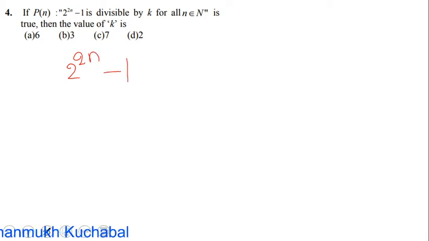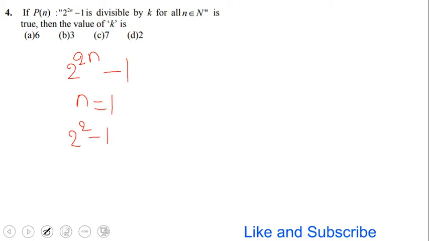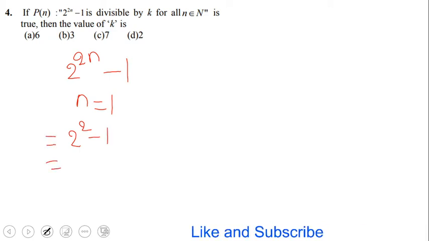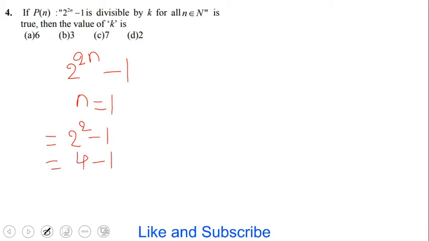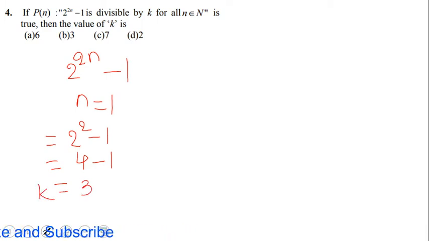This is mathematical induction, so we take n equal to 1. We get 2 raised to 2 minus 1. 2 raised to 2 is 4, minus 1, 4 minus 1 is 3. So this is the value of k we get. So clearly option B is the right answer here.